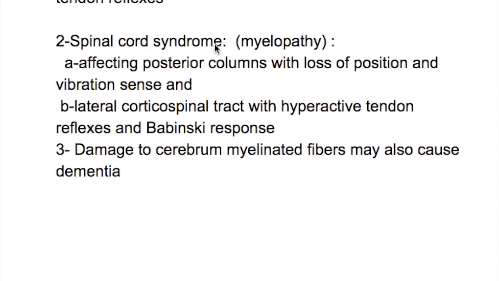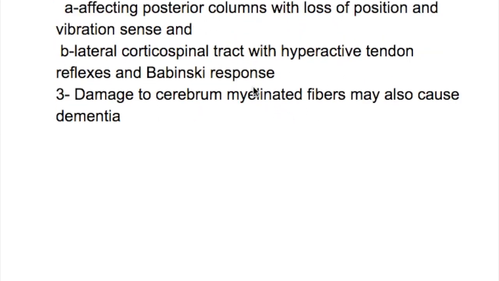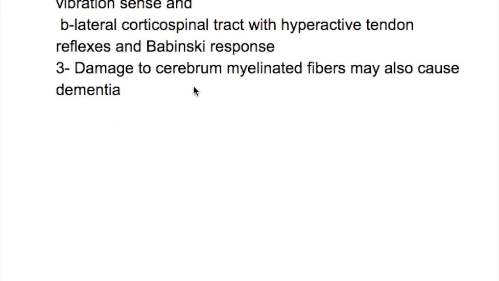And in the spinal cord syndrome or myelopathy, they affect the posterior column with loss of position, vibration, proprioception and pressure sensation, with the involvement of lateral corticospinal tract, hyperactive tendon reflexes, a Babinski sign and spasticity. And damage to the cerebral myelinated fibers may also cause dementia.